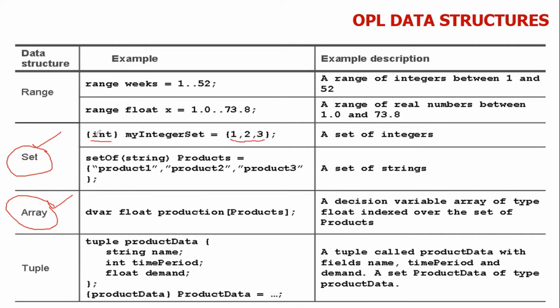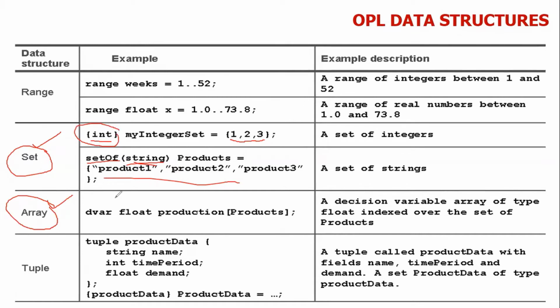The curly bracket indicates that this is a set type, integer type structure. Or you can use the name set of strings, set of integer, or set of float, and then declare the set. So these are two ways: either the curly brackets or the set of function.